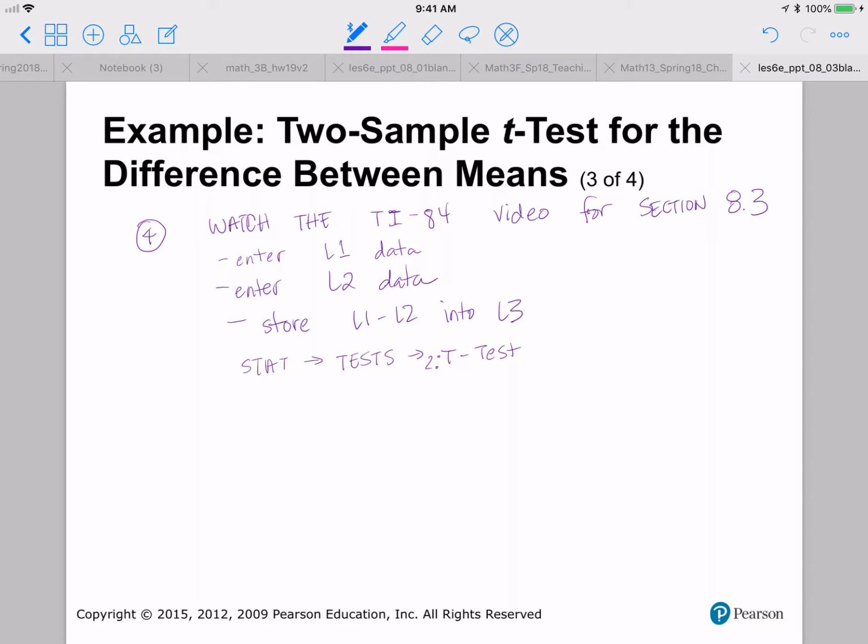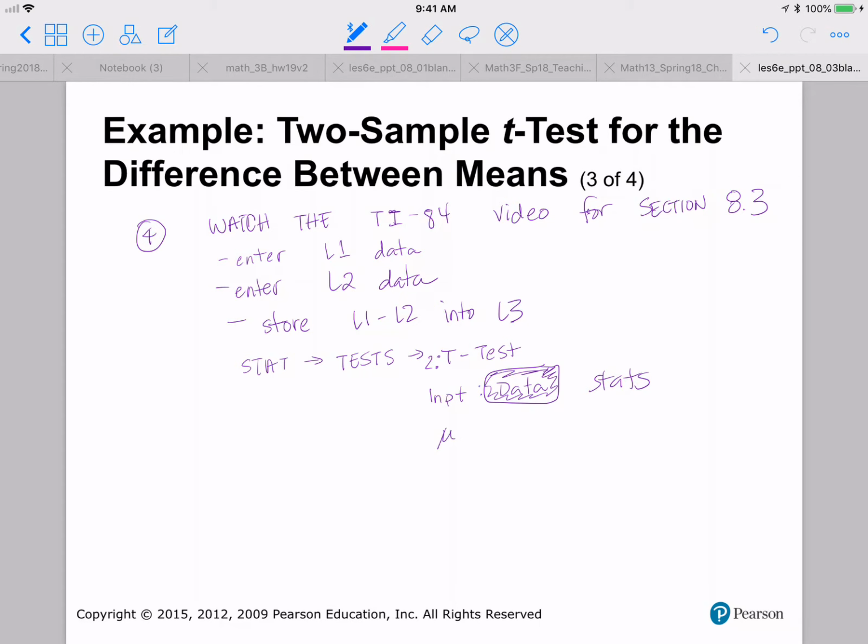Now here, for input, I need to make sure that I choose data, not statistics, because I want to perform a t-test using the data from L3.